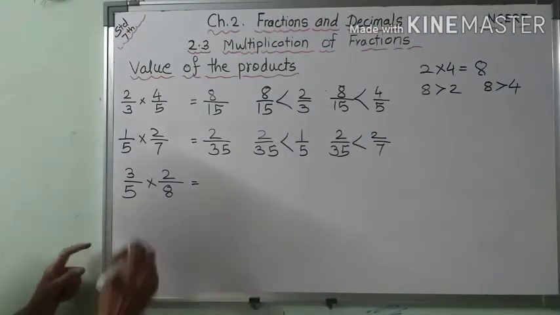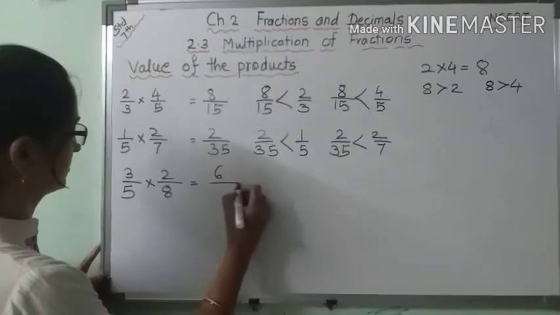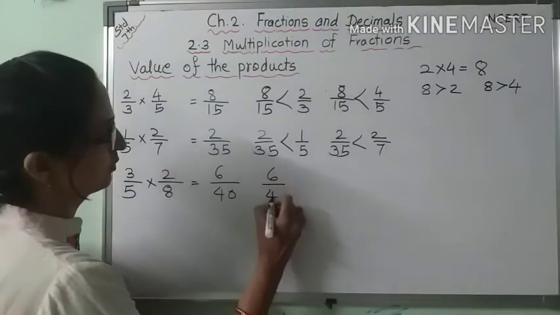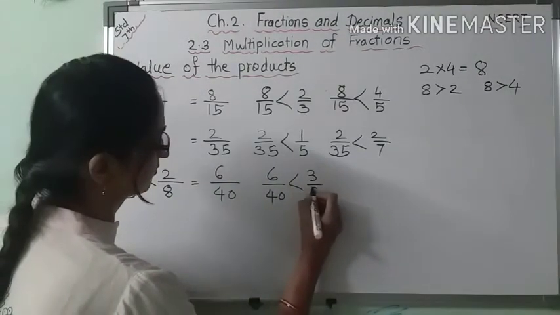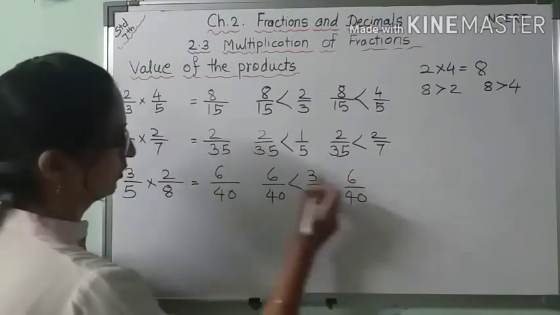Now the next is 3 upon 5 into 2 upon 8. 3 twos are 6, 5 eights are 40. Here also 6 upon 40 is less than 3 upon 5. Also it is less than 2 upon 8.